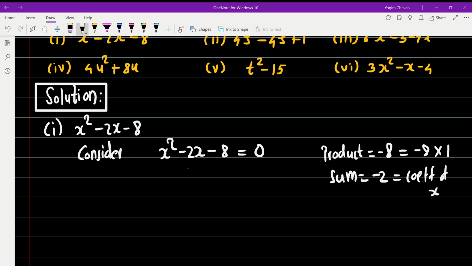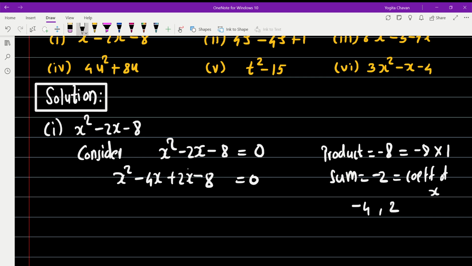So try to find two numbers whose product is minus 8 and sum is minus 2, and these two numbers are minus 4, 2. Therefore x square minus 2x minus 8 can be written as x square minus 4x plus 2x minus 8 is equal to 0.